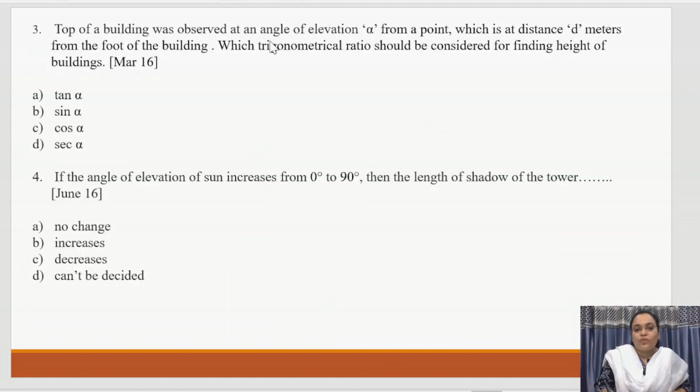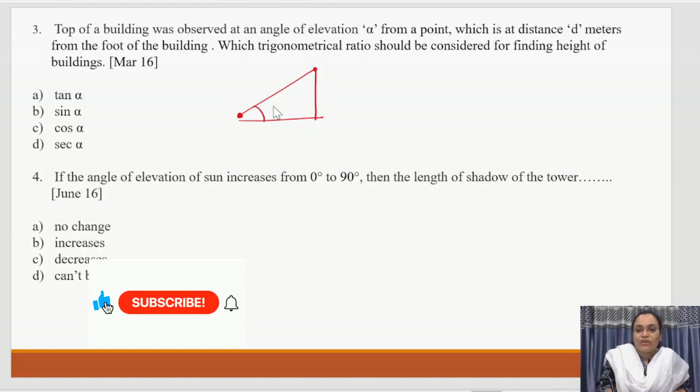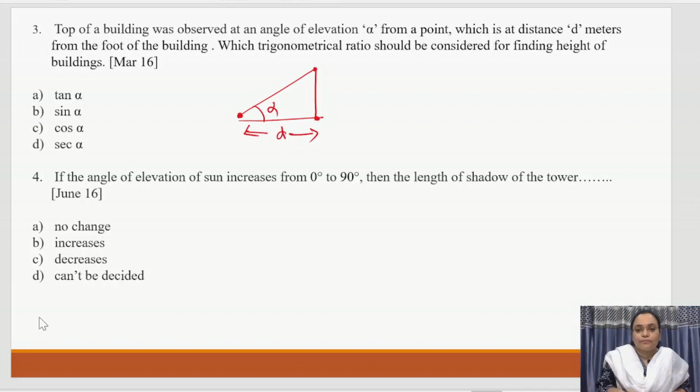The top of a building was observed at an angle of elevation alpha from a point which is at a distance of d meters from the foot of the building. This is the point, this is the building.